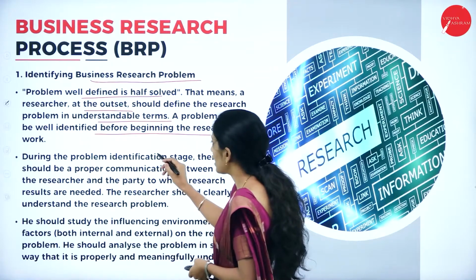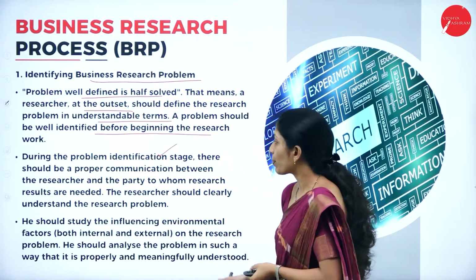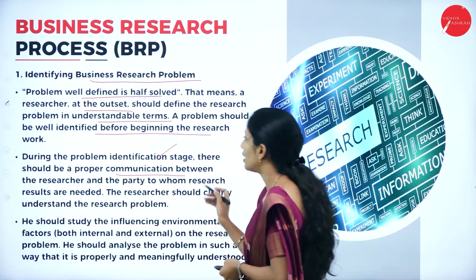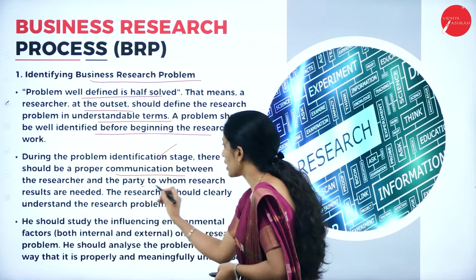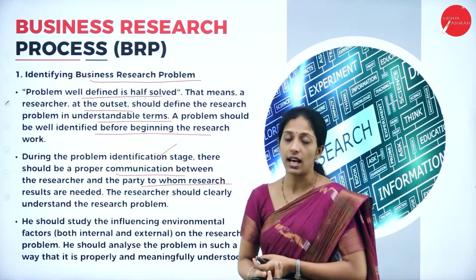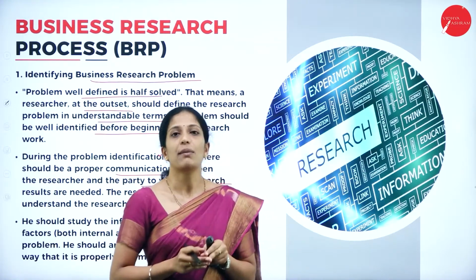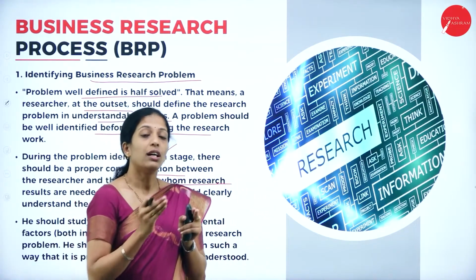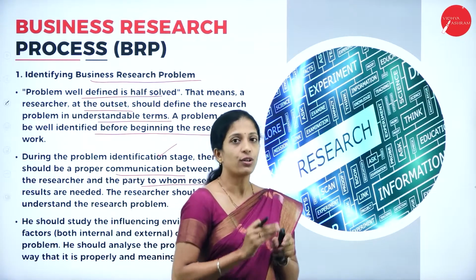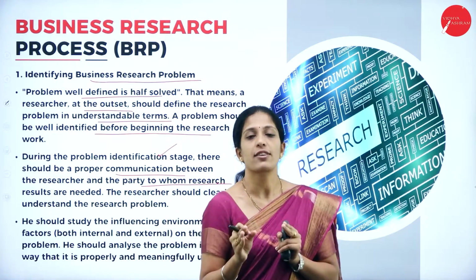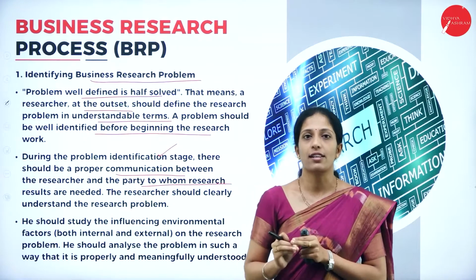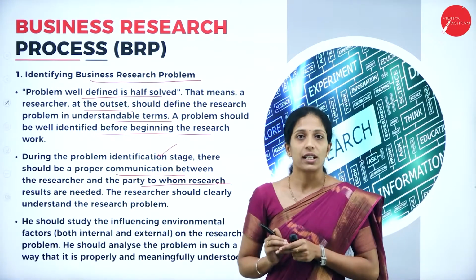During the problem identification stage, there should be proper communication between the researcher and the party to whom research results are needed. Suppose the organization is having a problem in the purchase department. What will the organization do? The organization will appoint a researcher, or contact the researcher, to solve that particular problem.